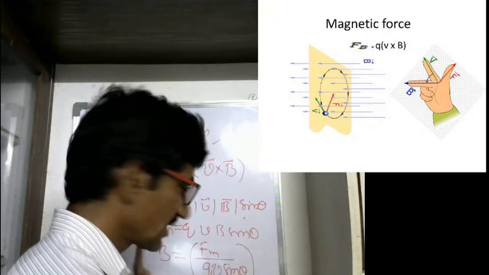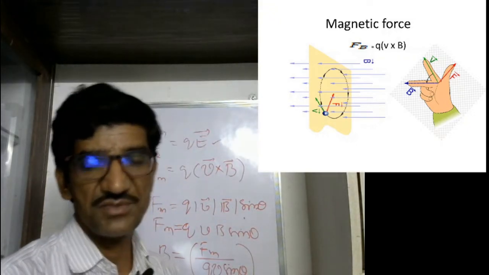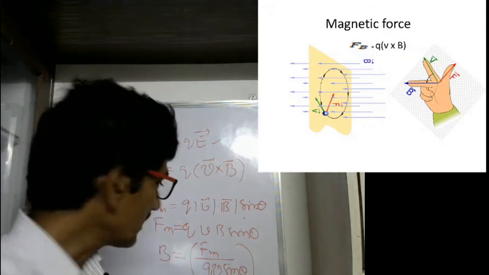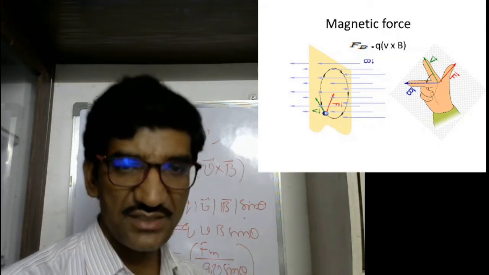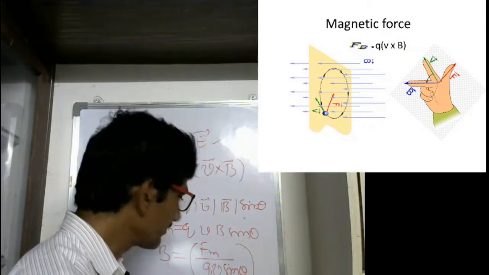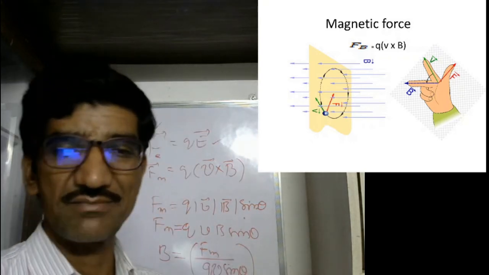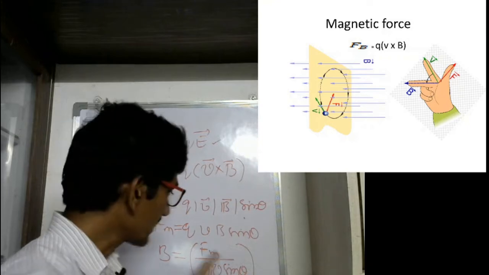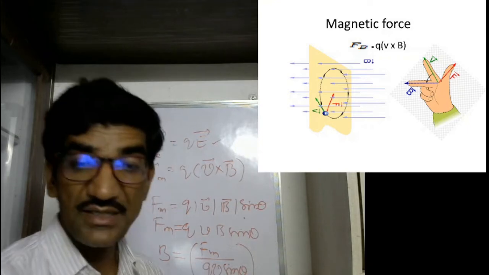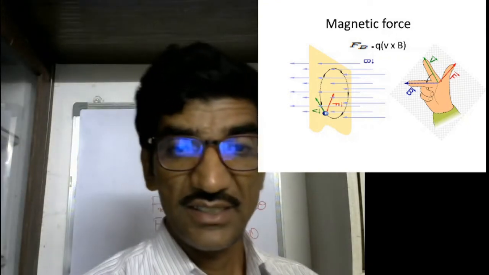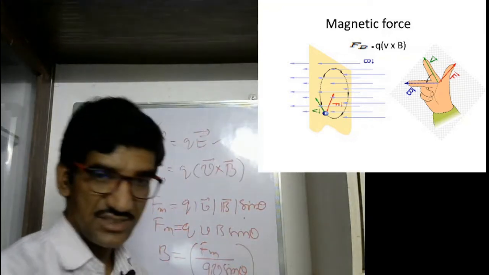Here we are giving the definition in terms of electric charge. Fm is the magnetic force acting on the electric charge.